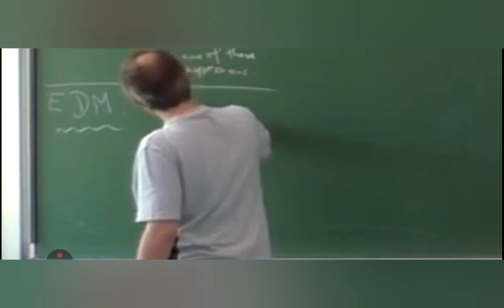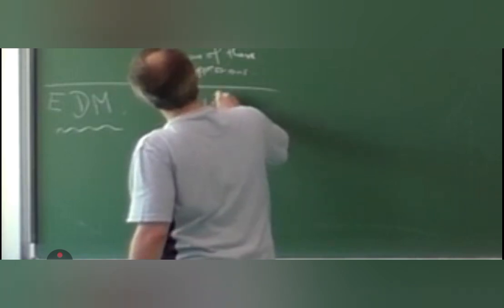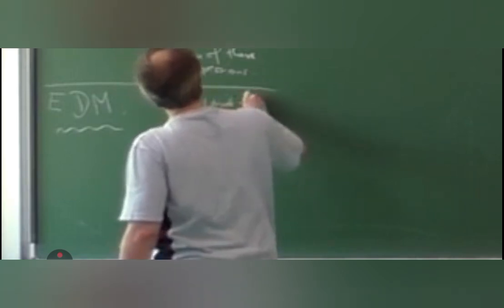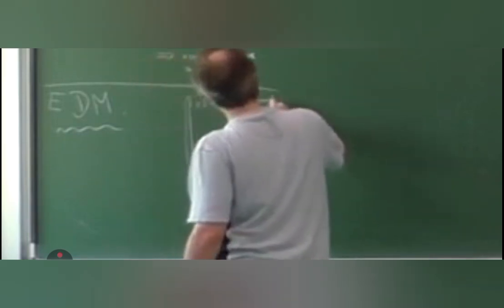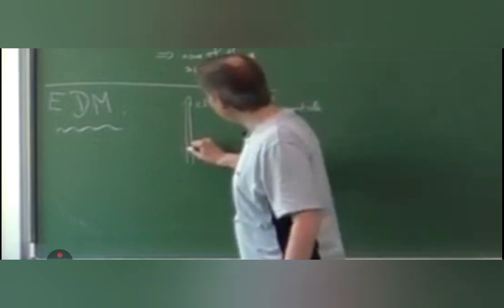So let's say you have here the electric dipole moment of a fundamental particle. An electric dipole moment basically is a vector in 3 space. It has a direction and magnitude.